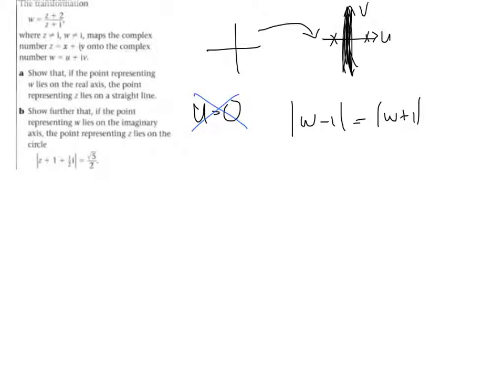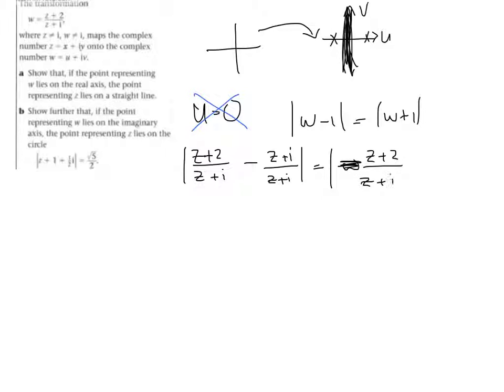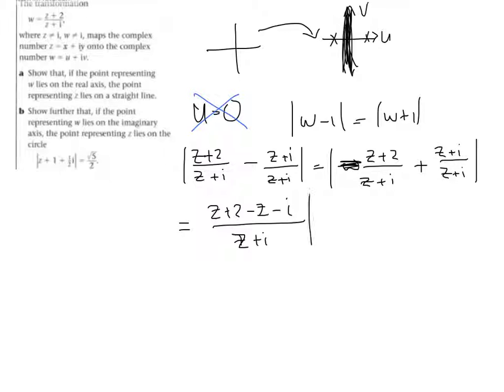So subbing in w, (z + 2)/(z + i) minus 1, which I'll write in the form (z + i)/(z + i), equals w. Subbing in w: |(z + 2)/(z + i) + (z + i)/(z + i)| = |(z + 2 − z − i)/(z + i)|.